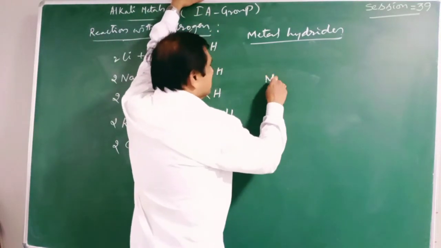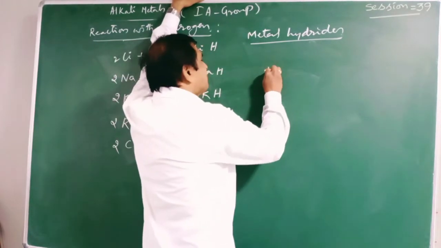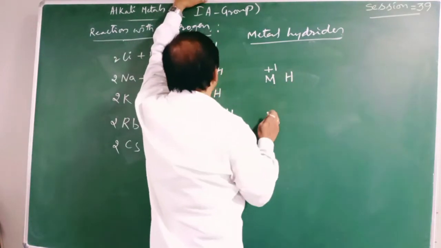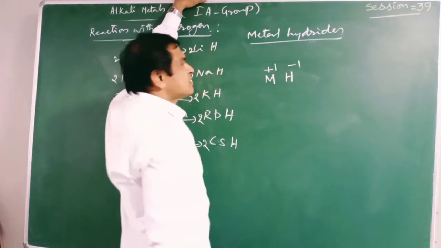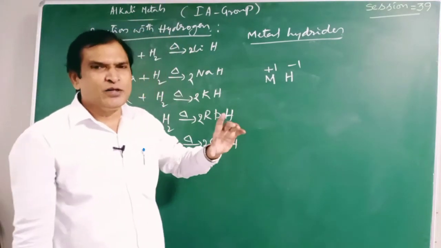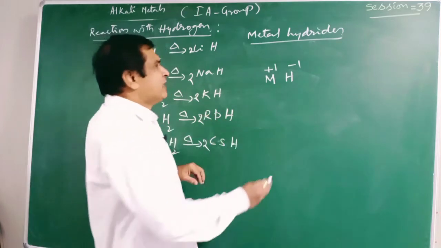The alkali metal atom always exhibits only +1, and the hydrogen atom exhibits -1 oxidation state. Important point to be noted: in metal hydrides, the oxidation state of hydrogen is always -1.